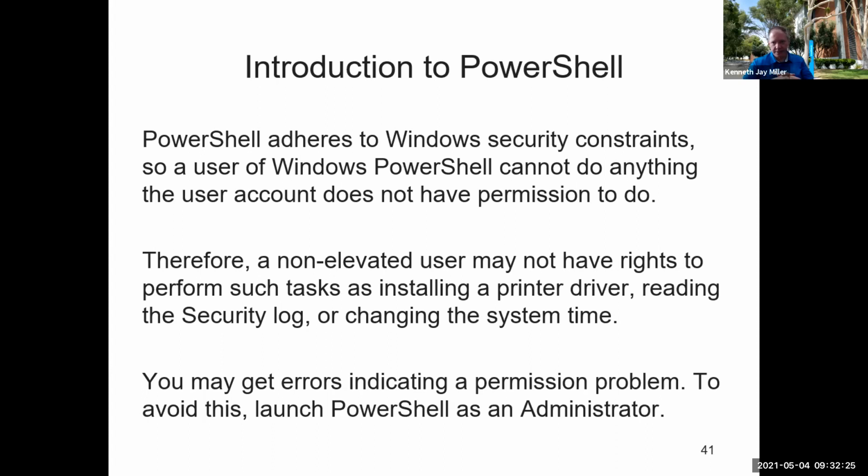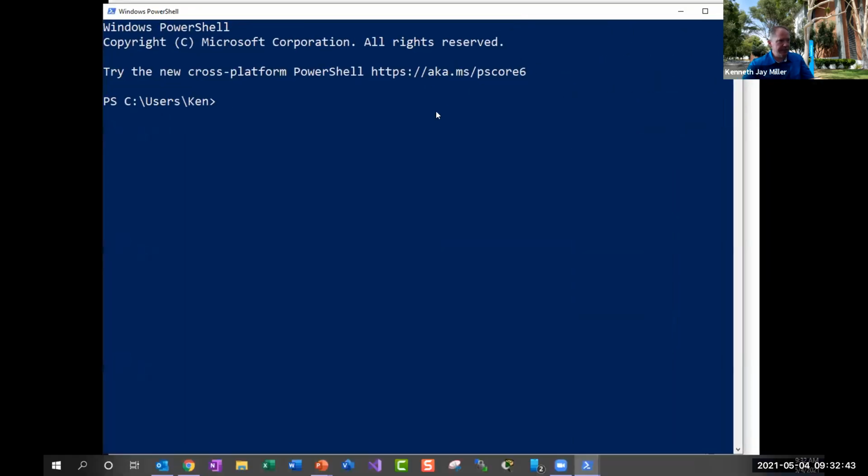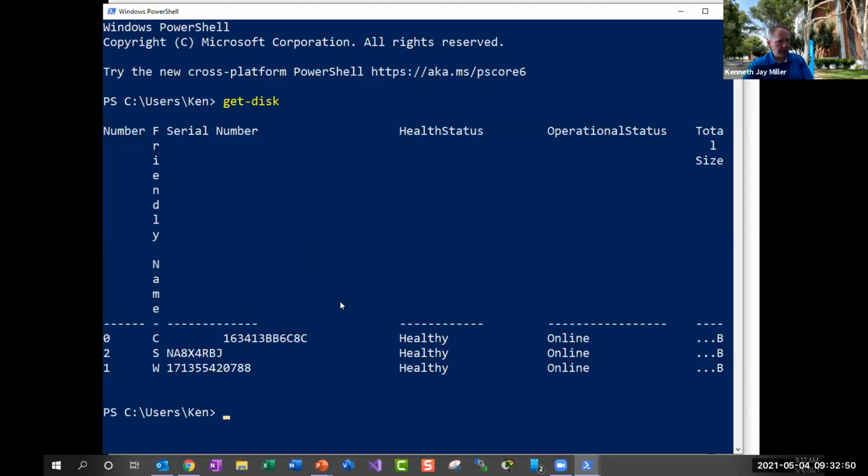To avoid this, because we are administrators on our own systems, you should launch PowerShell as an administrator. So for example, if I open PowerShell as a regular user and type Get-Disk, this will come back with, well, on mine, because I am a local administrator, but if you're not, you'll get an error.